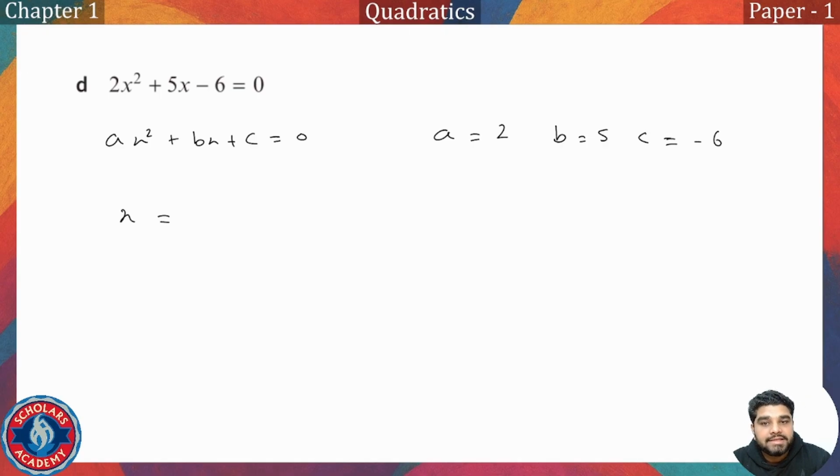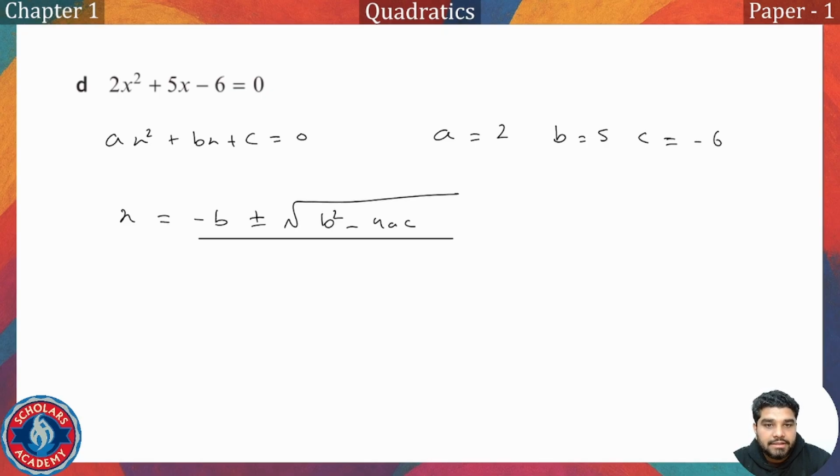Formula: x is equal to minus b plus minus root of b square minus 4ac divided by 2a. Substituting the values, x is equal to minus 5 plus minus root of square of 5 minus 4 times a times c. So 4 times 2 times negative 6.